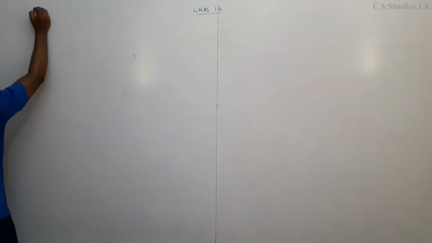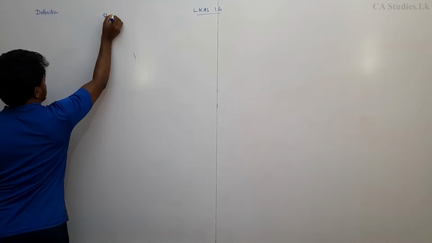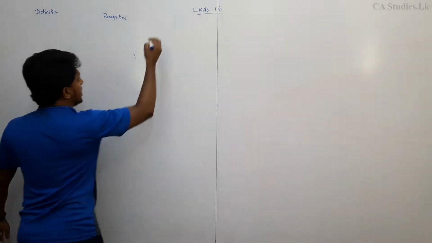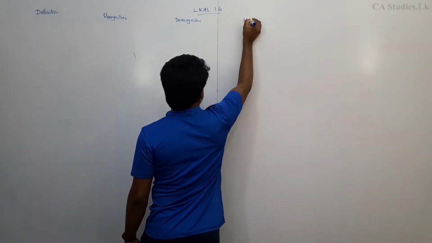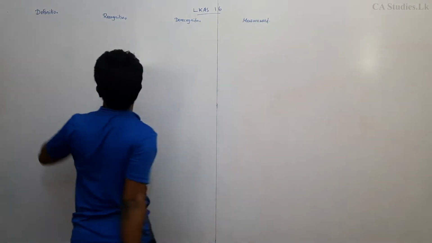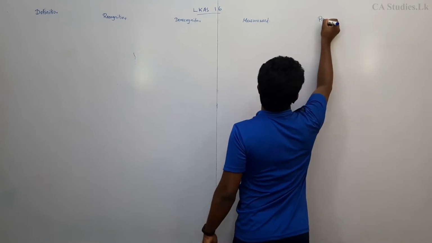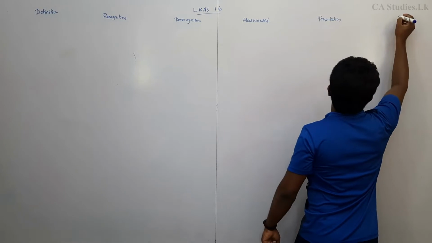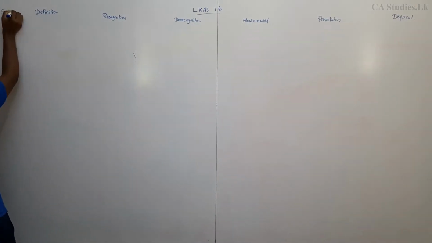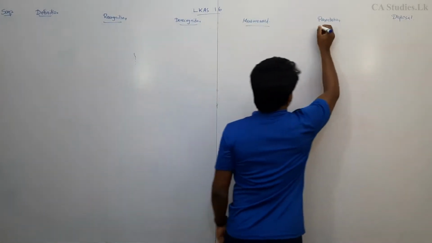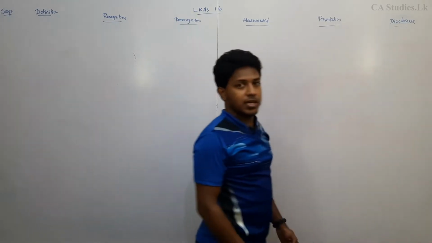First one is scope, then definition, recognition, derecognition, measurement, presentation, and disclosure. So these are the 7 topics we have to learn.